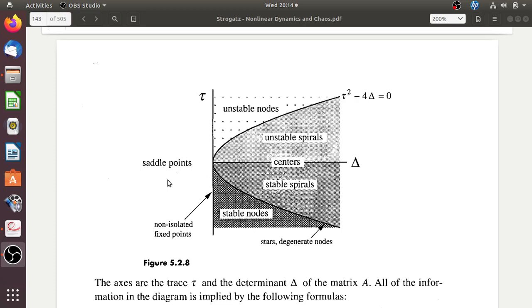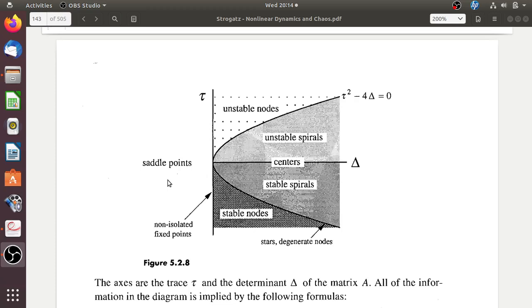If that's the case, one eigenvalue is negative and the other is positive, which means along the eigenvector corresponding to the negative eigenvalue, the trajectory will be coming towards the origin, (0, 0), but along the other eigenvector, corresponding to the positive eigenvalue, it will be going away.